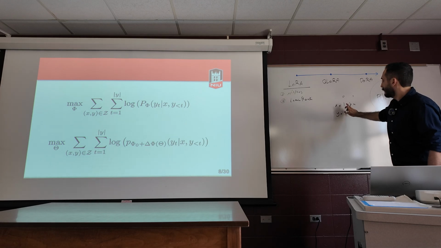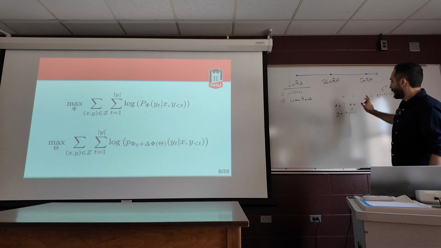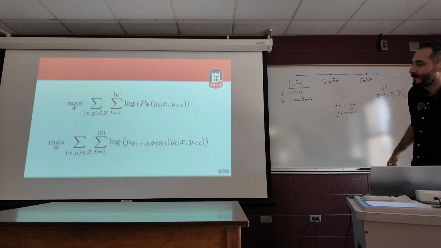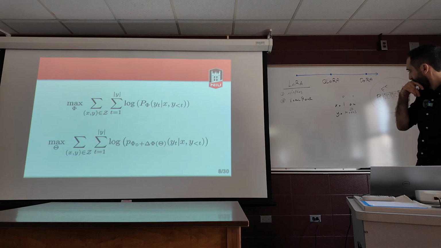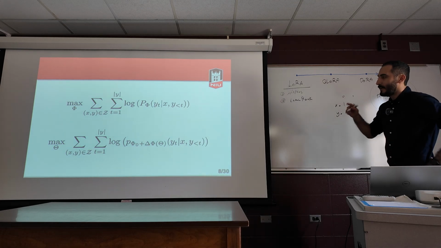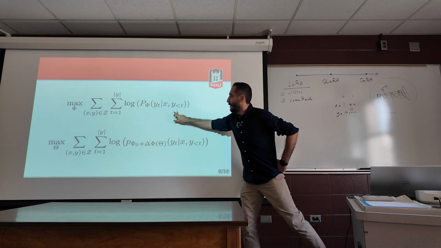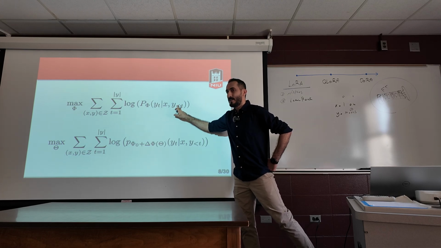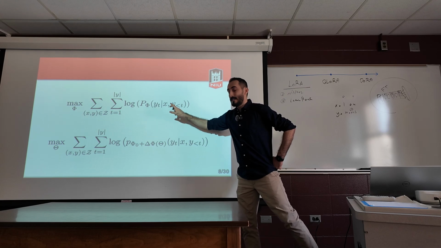We have X, "I am", and we have T. Because here we have our previously generated sentences, all of them as a tuple, as a couple.